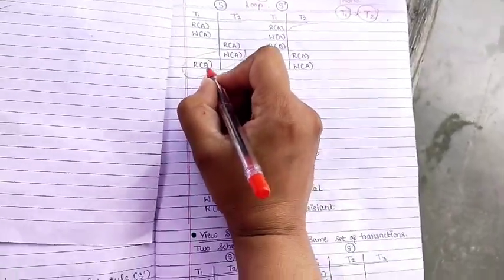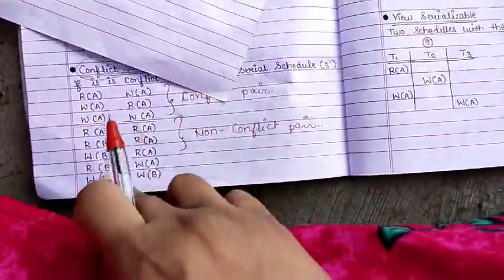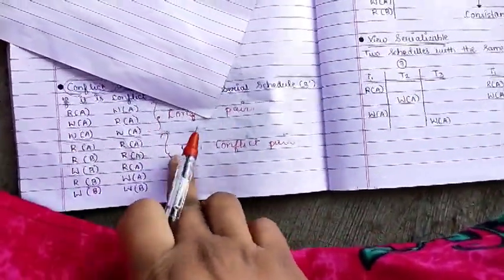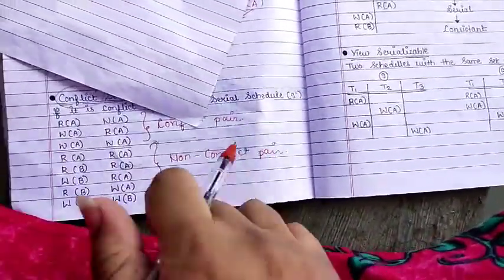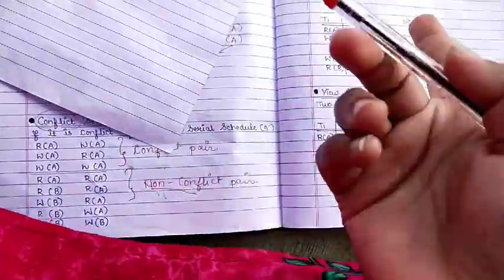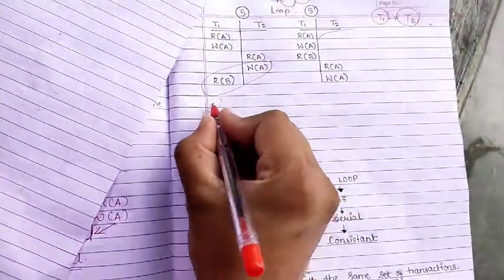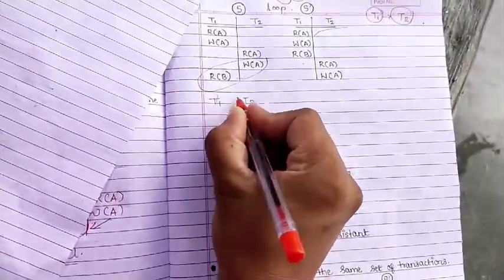Okay, let's check read B and write A. Read B and write A is a non-conflict pair, so we are going to swap it. Now how will it become? T1 and T2.